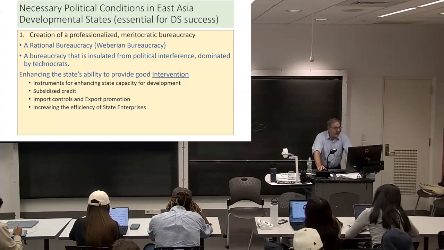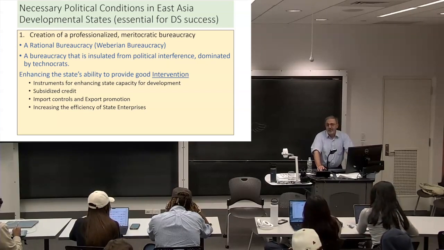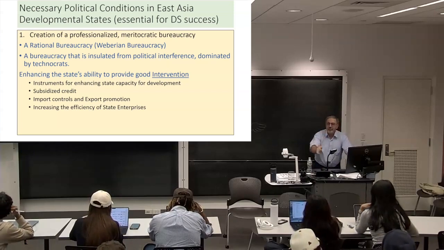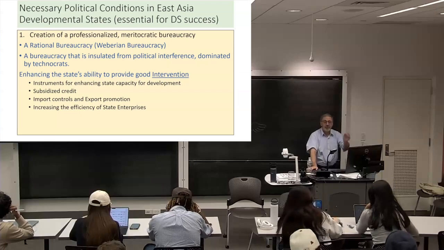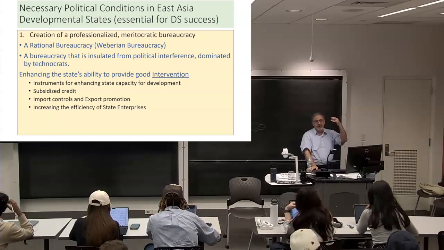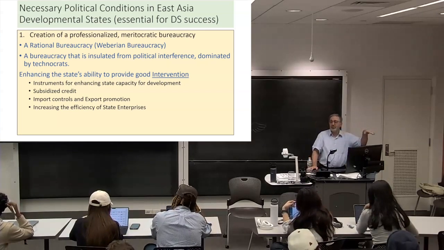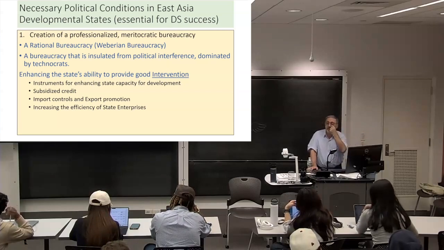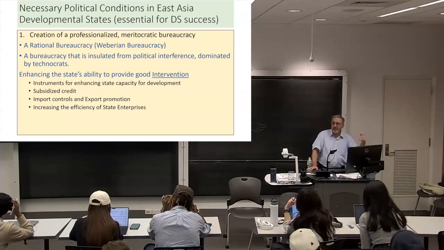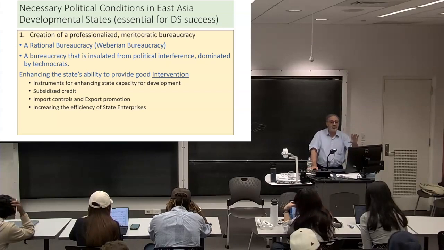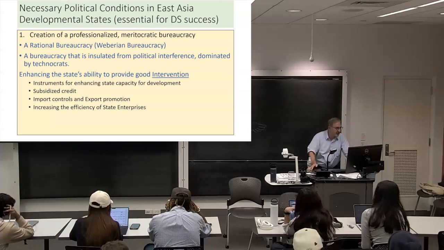It also requires that the bureaucracy is insulated from political interference, so that rather than people at the top being appointed because of their political connections or because of their loyalty to the leader, simply being there to support the leader and make sure the organization is subordinate, they are there because of their merit and because of their technological skills, what we call technocrats, professionals who are apolitical, but from good schools with good skills in management, in engineering, and other skills that are required.